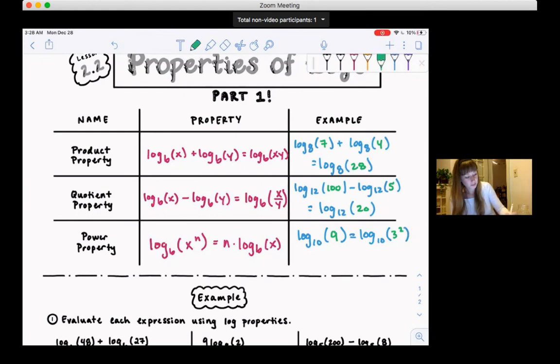Power property says I can take this exponent and bring it outside, and that this is going to be the same as 2 times log base 10 of just 3 by itself.